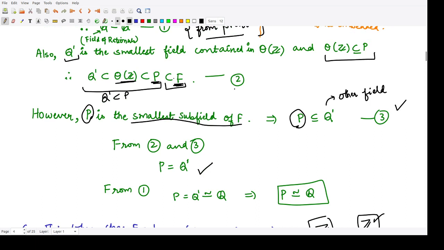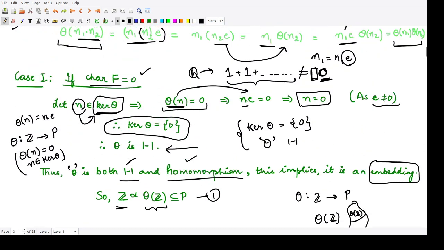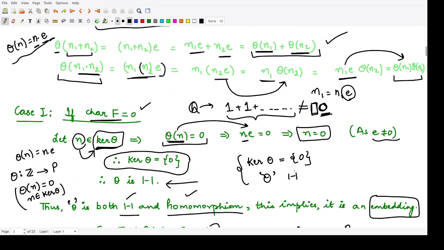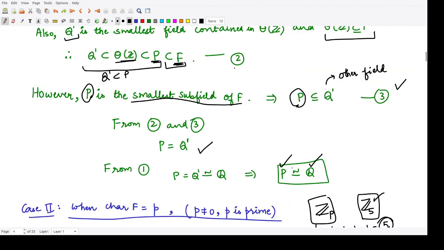So from here we say that this field P is isomorphic to the field of rationals. This is the first part that we were asked to prove. That means whenever the characteristic of the field F is equal to 0, we have the prime subfield isomorphic to the field of rationals. So this is the first case.